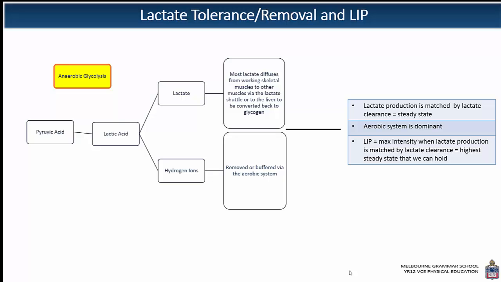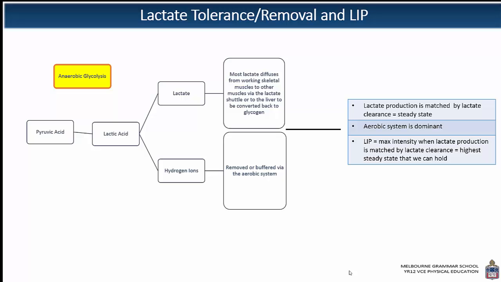Firstly, let's have a look at how we get lactate and hydrogen and how we remove them as well. Anaerobic glycolysis is what we're looking at here, and we know that glycolysis is the breakdown of the fuel glycogen to glucose, and I've just jumped in at the next step, which is where it's turned into pyruvic acid.